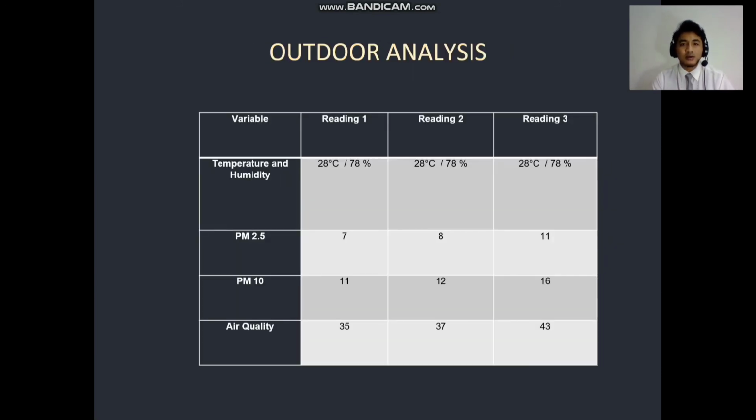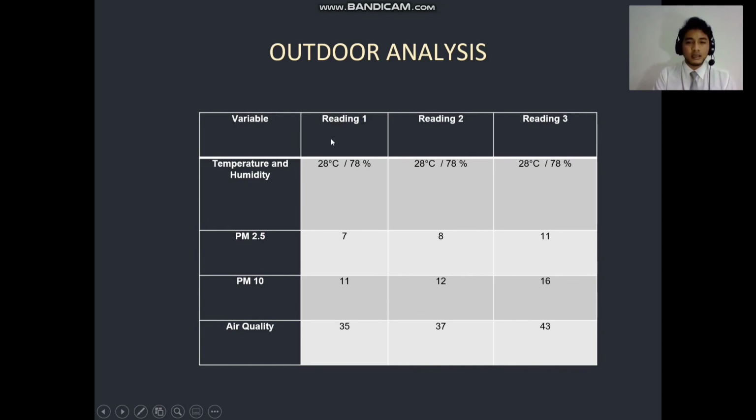Okay, this is the outdoor analysis. This outdoor analysis is a benchmark for my project, to show whether my project is successfully done or failed. This shows that my project has been successfully done because these are normal readings for outdoor analysis.